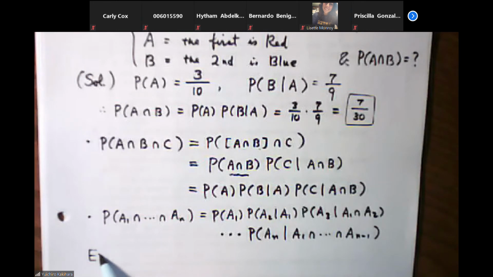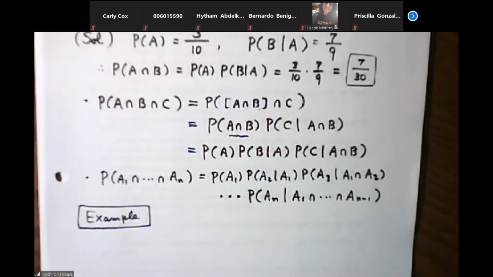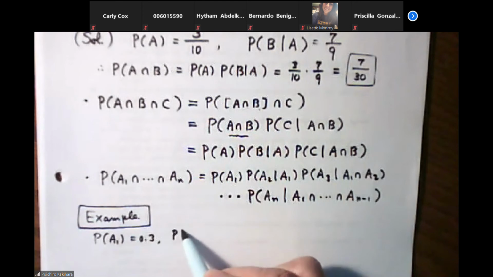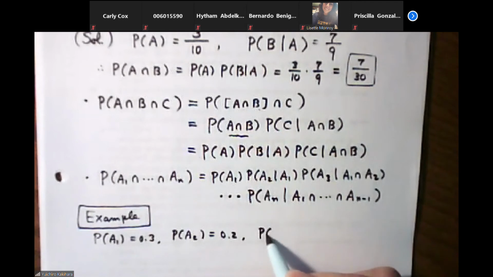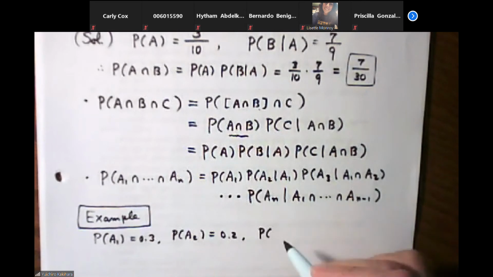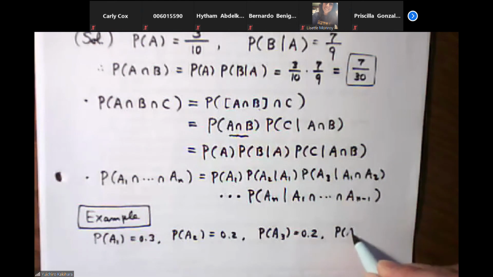This is from the textbook. We don't need specific numbers, just an example. We're given the probability of A1 is 0.3, the probability of A2 is 0.2, the probability of A3 is 0.2, the same as A2, and the probability of A4 is equal to 0.2.